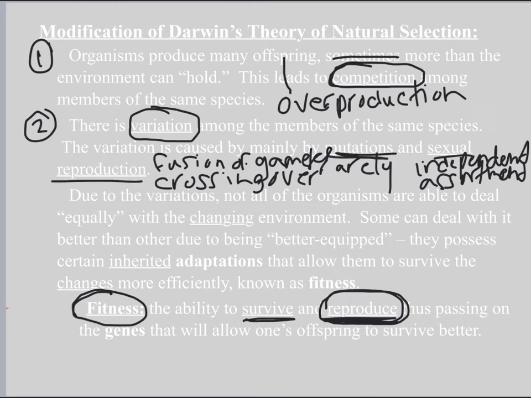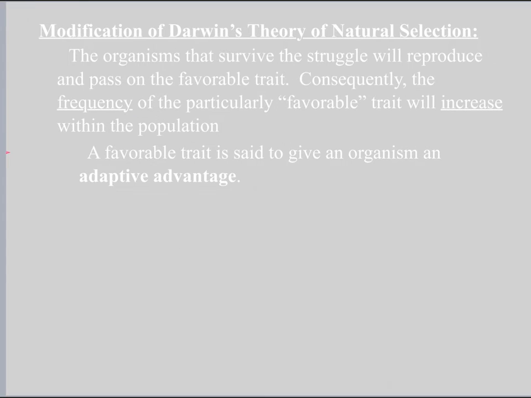So we've got overcompetition, so we've got overproduction, we've got variation, we've got adaptive advantage, so increased fitness, and then we have actual survival of the fittest.